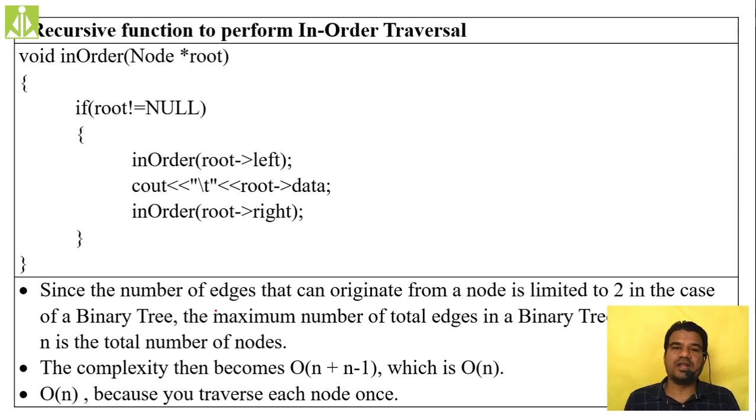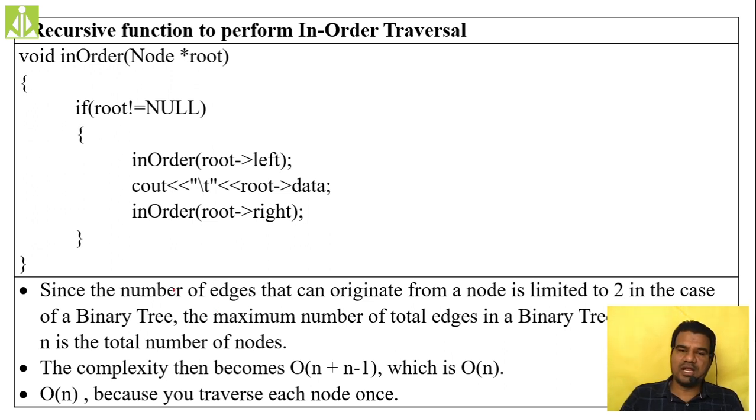Void inorder of node root node. For this in order function, as I said, there are three different techniques: in order, pre-order, post-order. So first we are doing in order. We are passing the root node, and if root node is not null, simply call this function. First we have to visit left child, isn't it?